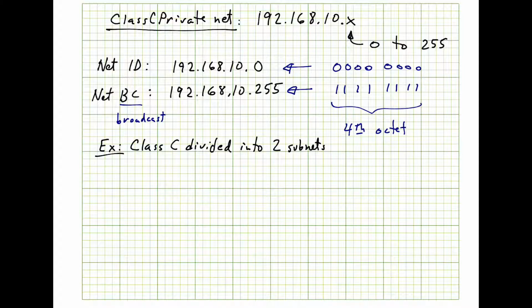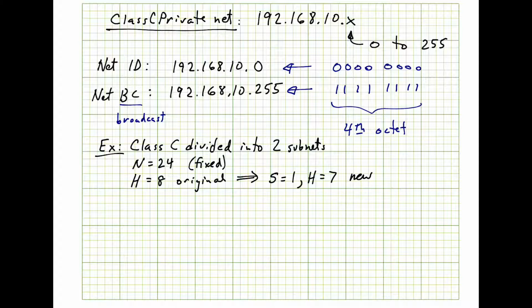What we're going to do is we're going to say the N is 24, that's fixed. And the original H is 8, but we're going to change that so we have S is 1 and H is 7 now.